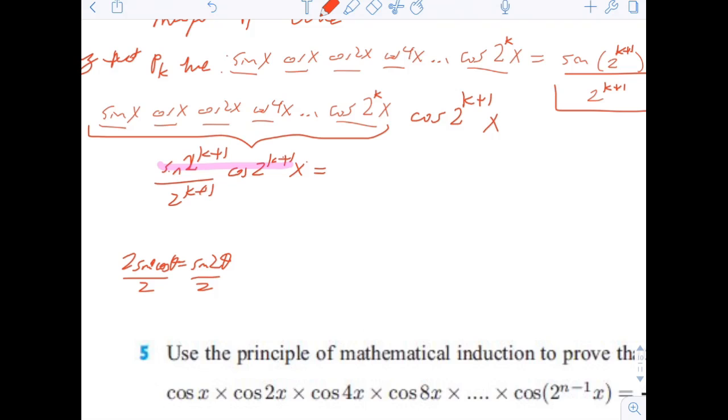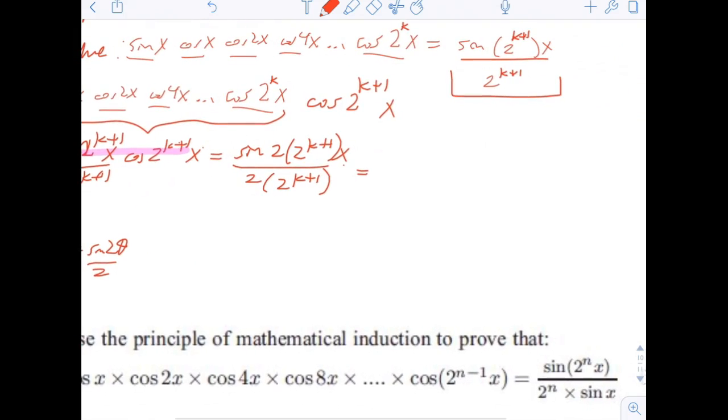We're going to take the pink part and change that into, oh, there's an x here, by the way, sine of 2 times 2 to the k plus 1 x divided by 2 times 2 to the k plus 1. And then if we combine the 2 and the 2 to the k plus 1 in both places, we get sine of 2 to the k plus 2 x divided by 2 to the k plus 2.